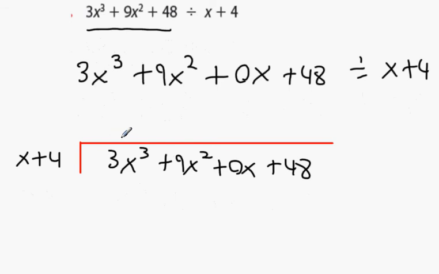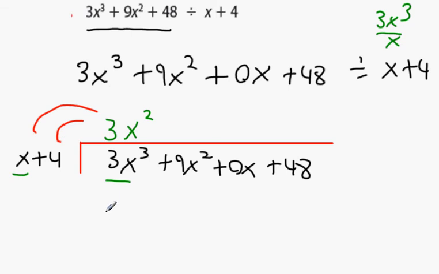Now, what's 3x cubed divided by x? Anybody? It's x squared, but what else is it? 3x squared. Multiply 3x squared, and what do we get next? 3x cubed, 12x squared.